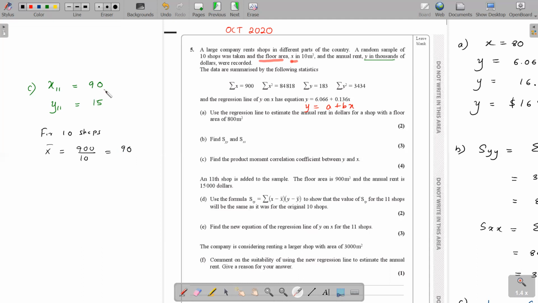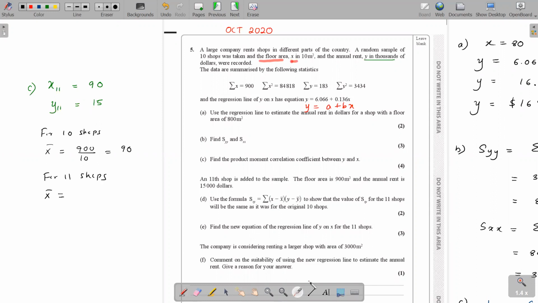If you add a new shop with a floor area of 100, the mean of the 11 shops will increase. In this case, because the X11 value is 90, exactly equal to the mean of the 10 shops, adding the 11th shop will make no difference to the x bar. Do you understand that? So for 11 shops also, the x bar is 90; you can even calculate sigma X.